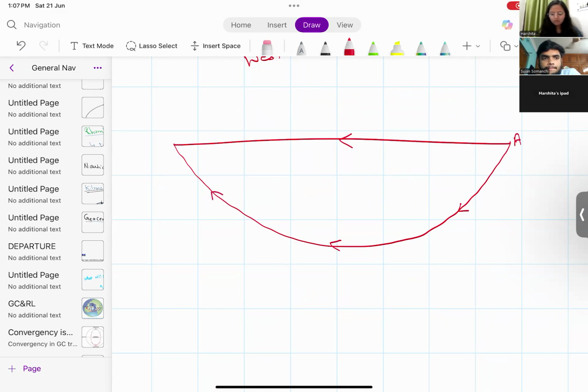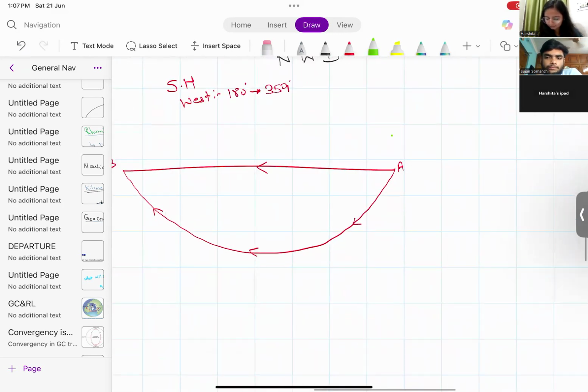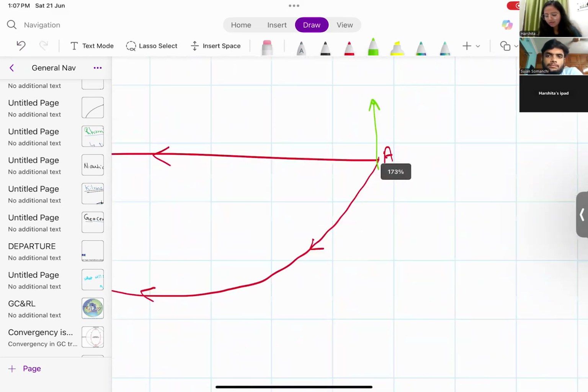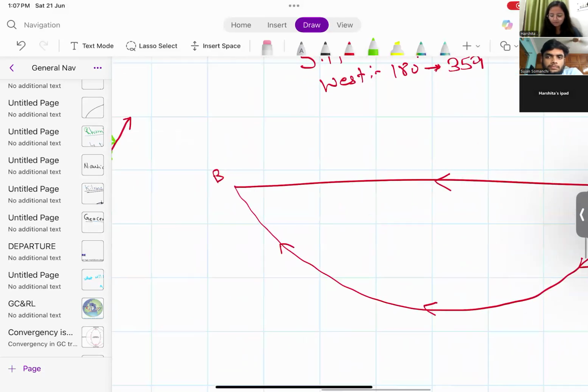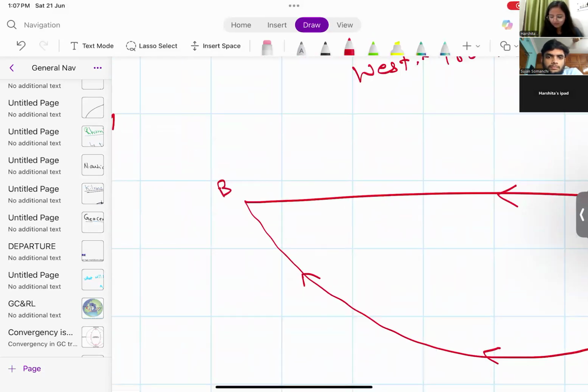from this point A to this point B. At point A, what is my track angle? This is my track angle. See this line.